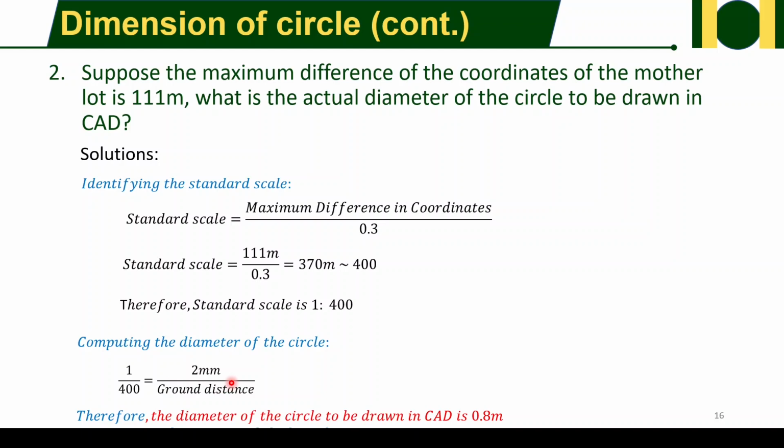Therefore, the diameter of the circle to be drawn in CAD is 0.8 meters, or that is 800 millimeters, so that when you print the map or plan in a scale of 1 is to 400, the circle would appear as 2 millimeters. Okay, so that is the dimension of a circle.